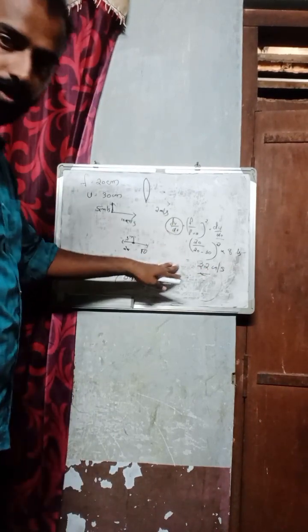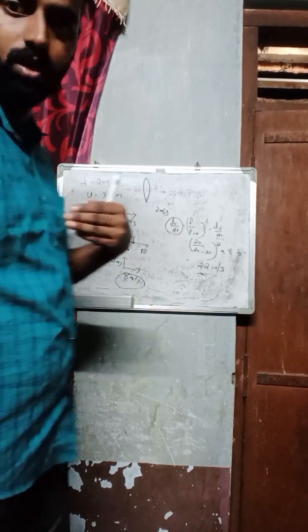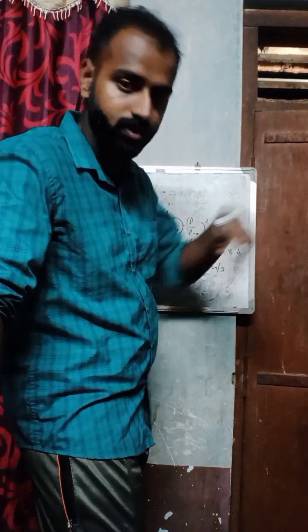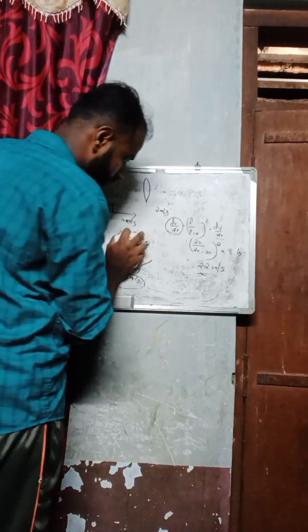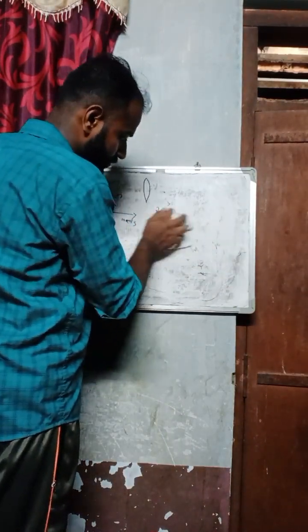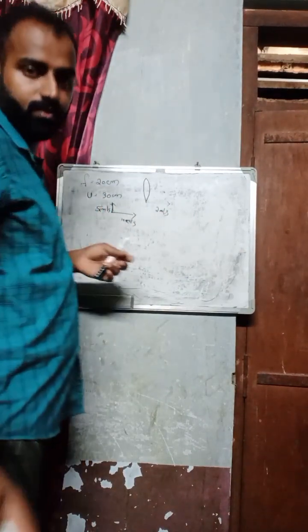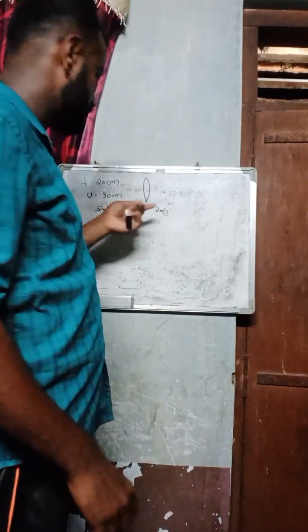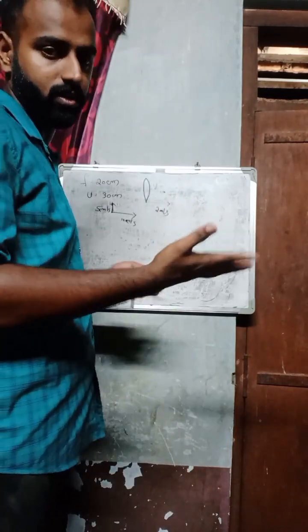So the first part is over. We have found the velocity of the image in the x direction. Then I am going to the second case. In the second case also, this velocity is with respect to the lens, because the lens does not have relative motion in the y direction.